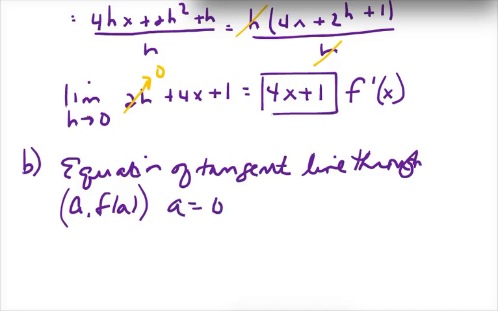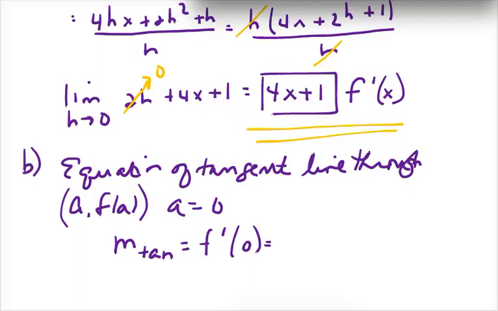Okay, so in this case we need to find the slope at 0, which means all that we have to do now is just put 0 into this equation. So that's just 4 times 0 plus 1, so that equals 1.